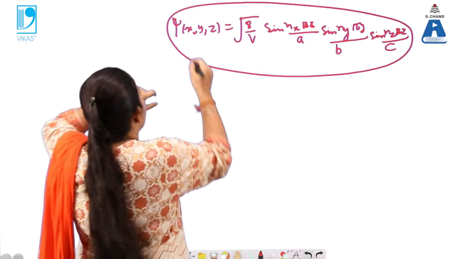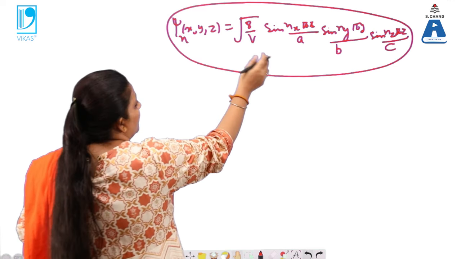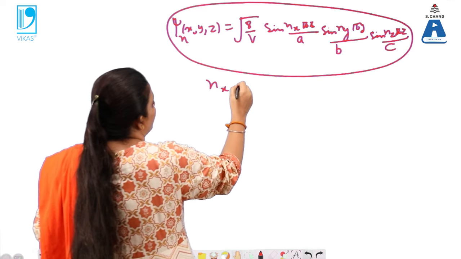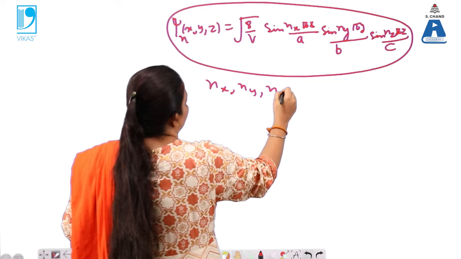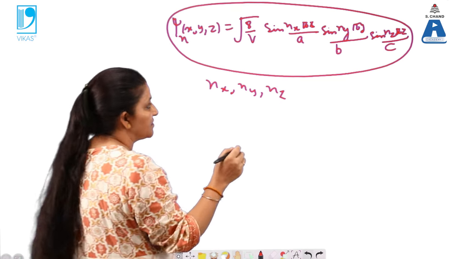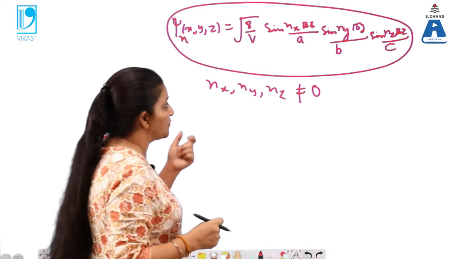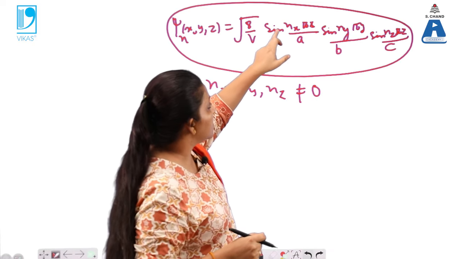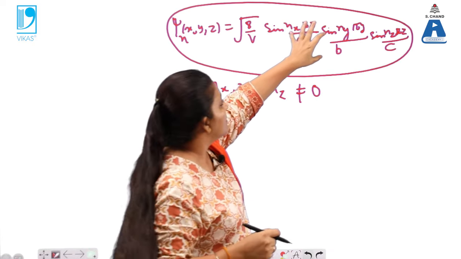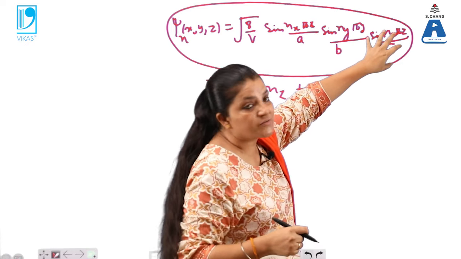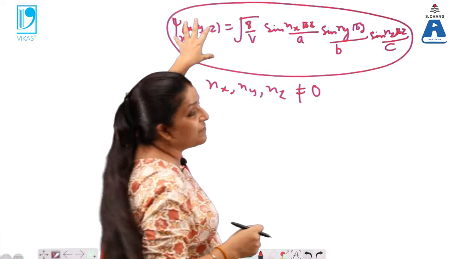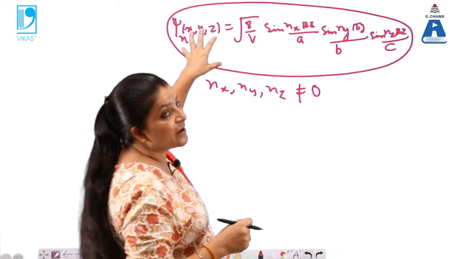So that means psi can be written as psi n with nx, ny and nz. These three quantum numbers are not equal to 0, because when they become 0, sin 0 is again 0, so this will also become 0 and this will also become 0. That means the wave function of the particle will become 0.